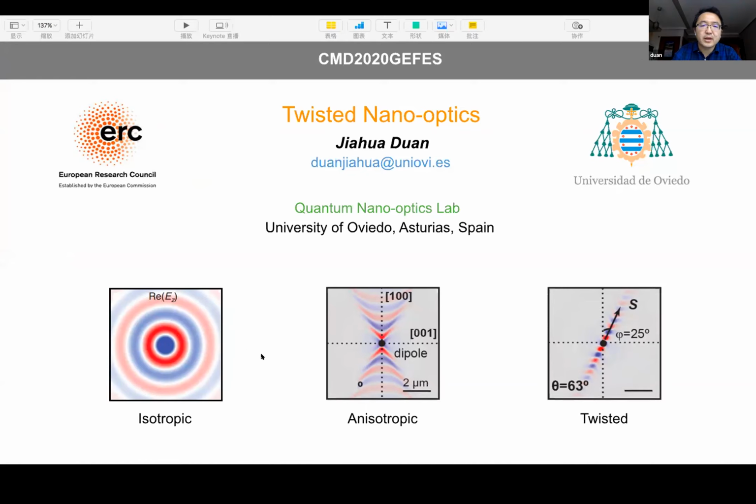In these three images, maybe you can briefly see that the electromagnetic mode in different media, like isotropic and anisotropic, is totally different. I will explain that later. Also, if we introduce the twisted concept in the system, we will have totally different phenomena, which is quite interesting.